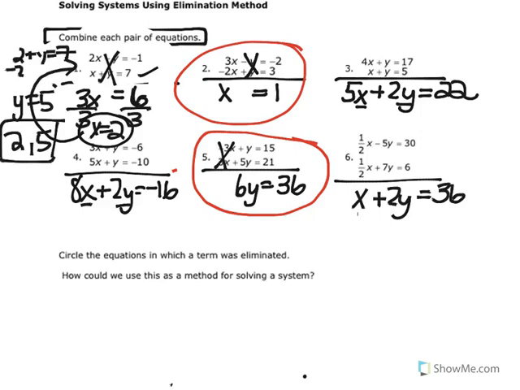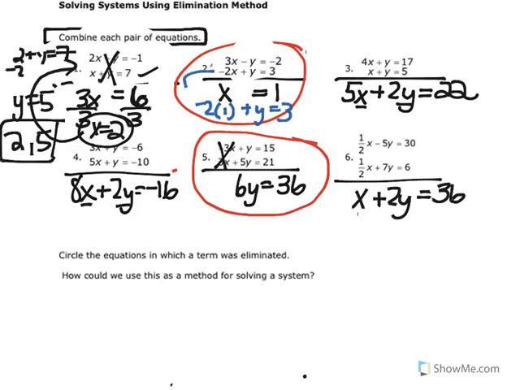Okay, on number 2, the y's were eliminated, and we already have x equals 1. So go ahead and use that equation, plug it back into the original. I'm going to plug it back into the second equation. So we would say negative 2 times 1 plus y equals 3.